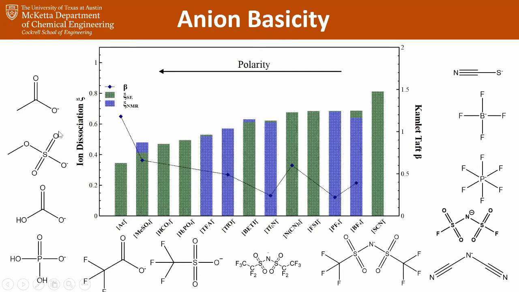And you can see how we have very low ion dissociation for the ones that have very strong hydrogen bond acceptor ability, less than 40%, all the way up to the thiocyanate, which once again is up 80% or more.